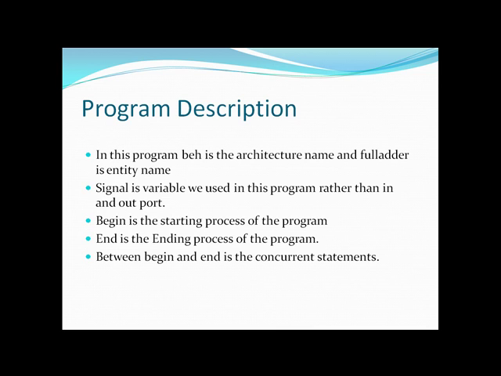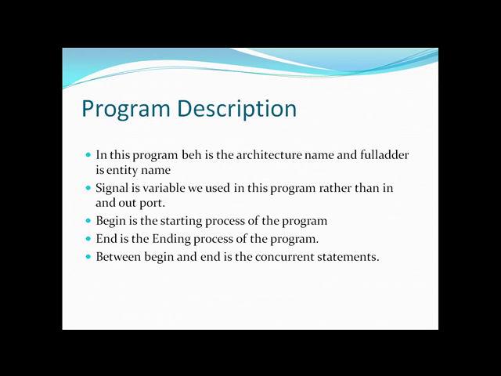What I have said in the program: BEH is the architecture name and full adder is the entity name. Signal is a variable used in this program other than the input and output. Other than the input and output, whatever we have in the program, we call a signal. Begin is the starting part of the program and end is the ending part.